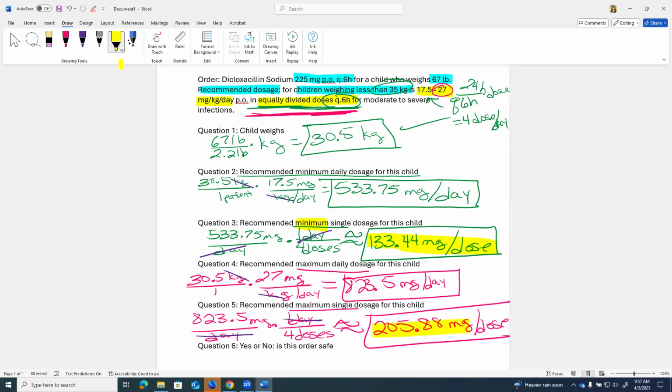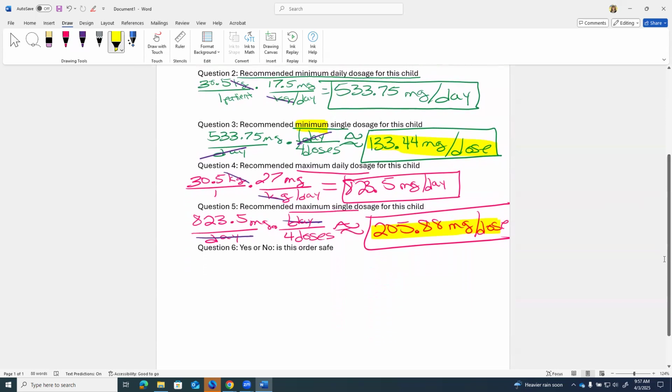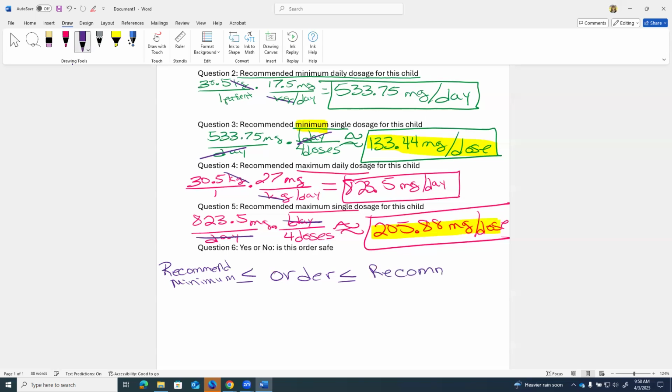Now I'm going to compare. If you need to pause this to write this stuff down, pause the video. The order is 225, so I'm going to write this down. To determine if this is safe or not, we need the recommended minimum to be less than or equal to the order, which is less than or equal to the recommended maximum.